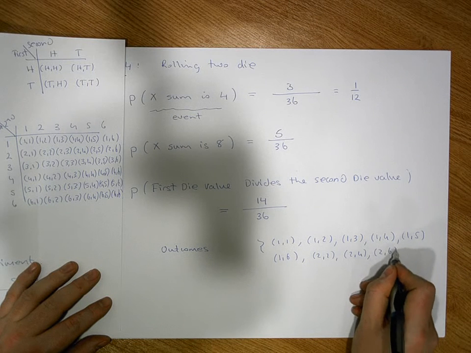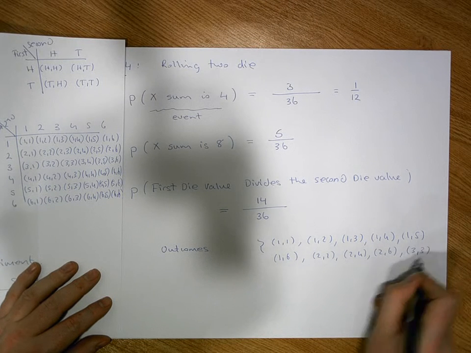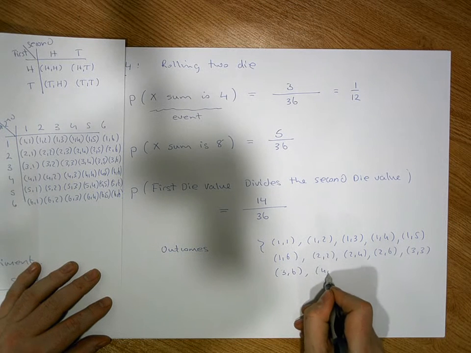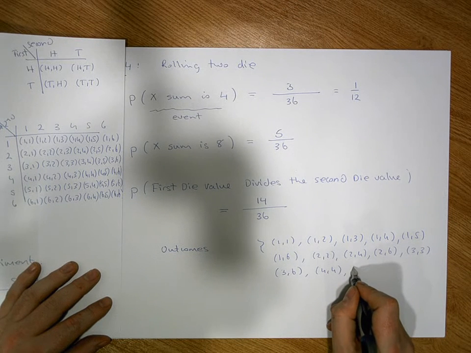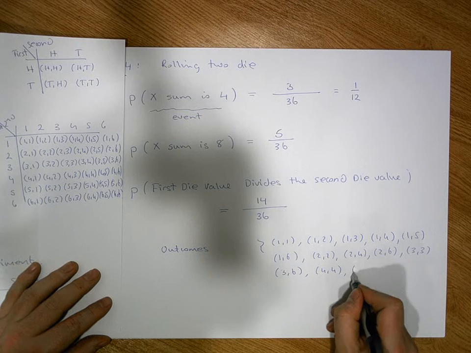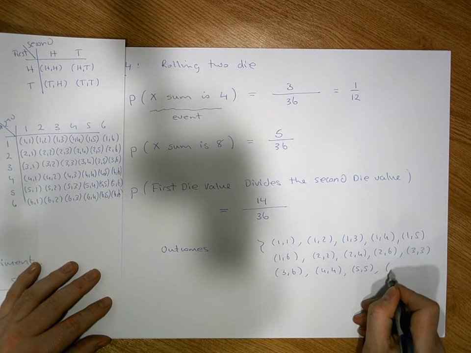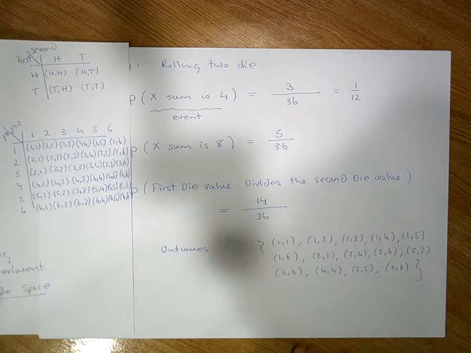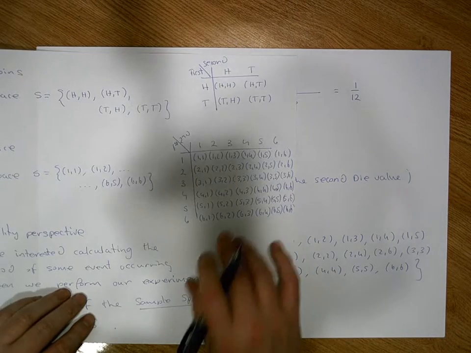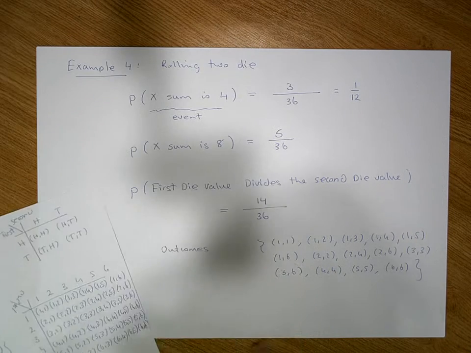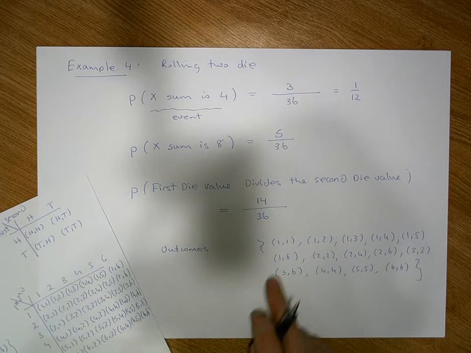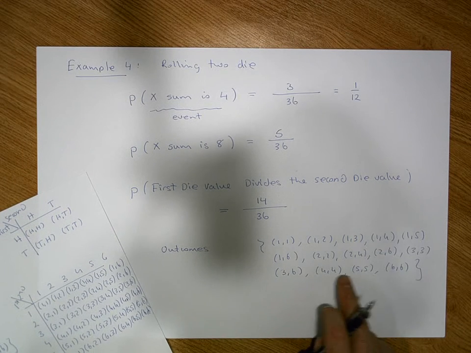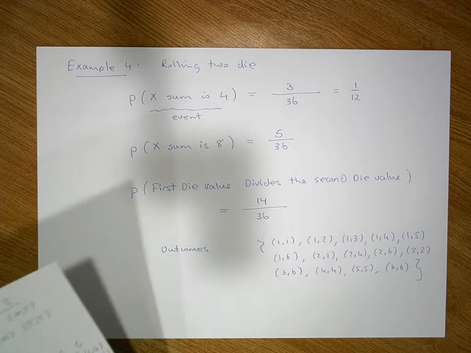We're talking about 3 3, 3 6. We're talking about 4 4. We're talking about 5 5, and we're also talking about 6 6. They're the only atomic events inside our sample space where the first number divides into the second number. And there's 1, 2, 3, 4, 5, 6, 7, 8, 9, 10, 11, 12, 13, 14 of them.